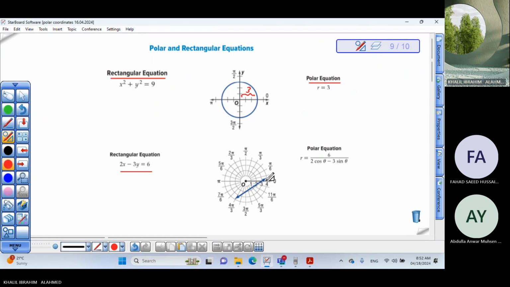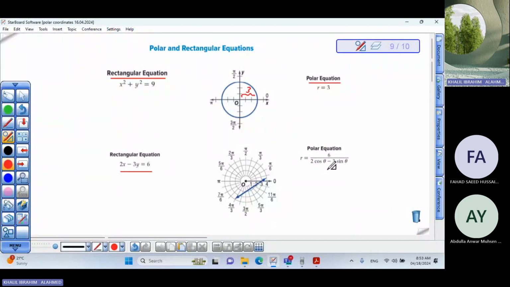Okay, good. The polar equation here is r equals 6 over 2 cosine theta minus 3 sine theta. The components of this equation are r and theta, as you see. Okay, this is the difference between a rectangular equation and a polar equation.